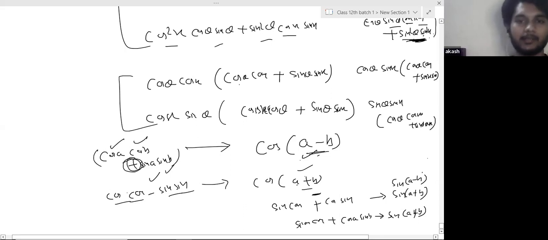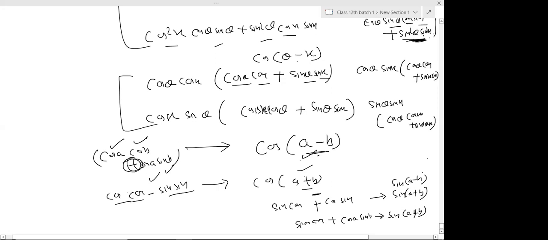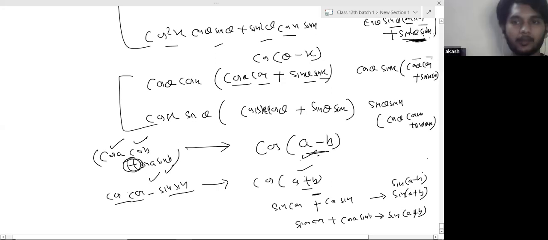All right, now we can change this. This is cos theta cos x plus sin theta sin x. That means this is cos of theta minus x, right? Cos A minus B. Yes, sir. All right. Same for this. This is cos theta cos x plus sin theta sin x, so cos of theta minus x.